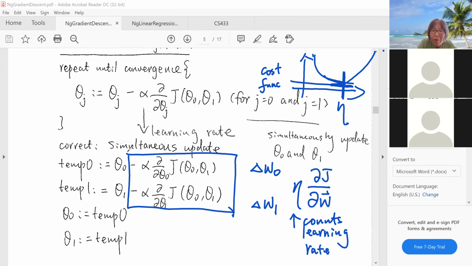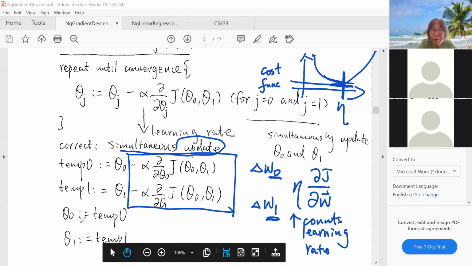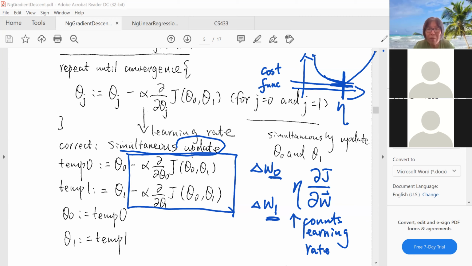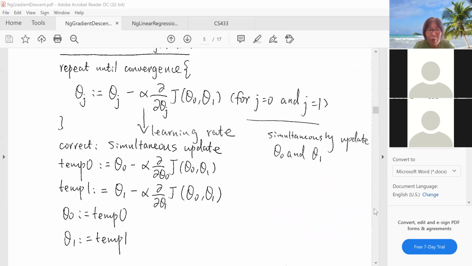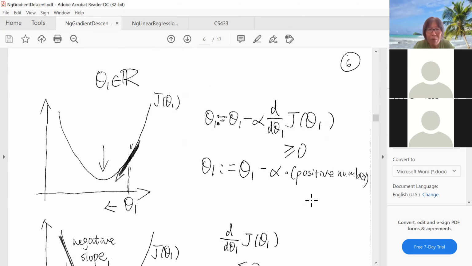Anyway, over here it's a simultaneous update. Update for both W0 and W1, and then let it go to the next iteration. So that's the gradient descent concept.